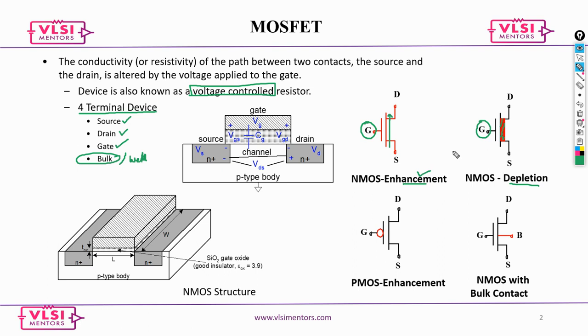Out of these two, which one is the industry using or preferring? Enhancement. The reason? Because we give an external voltage to conduct, but in depletion mode there will be loss.